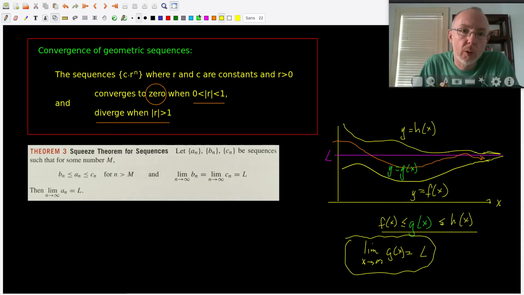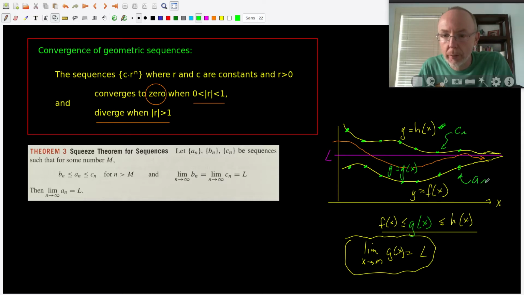And so this theorem for sequences says the same thing. Because remember, you can think about sequences as being points on a function. So if I have a bunch of points, and these points that I'm drawing here are the values of c sub n, and then I have some other points, which I'm going to call b sub n.